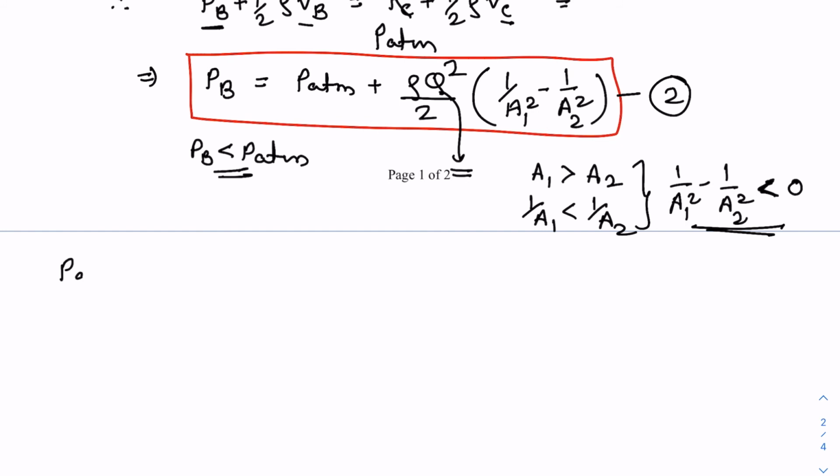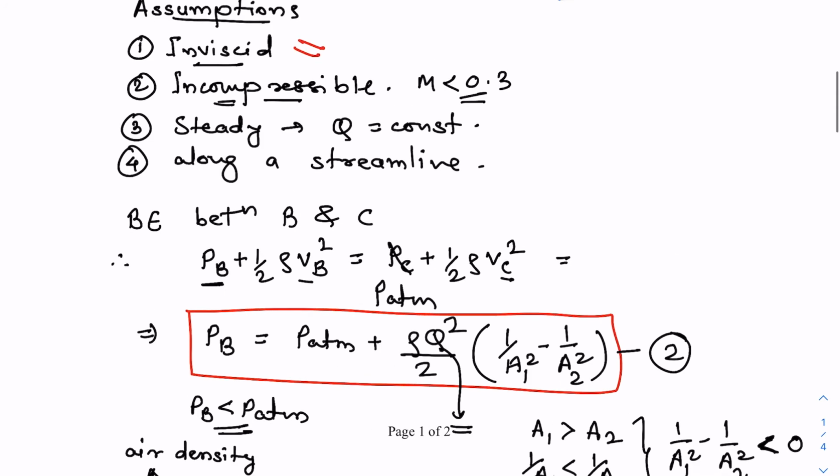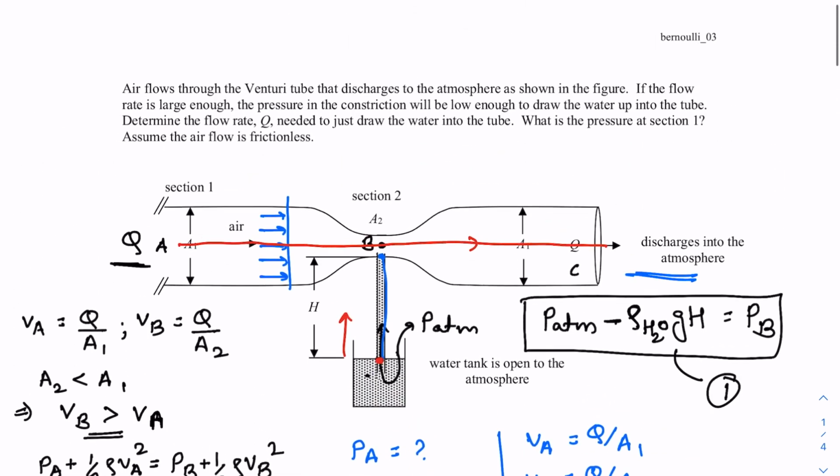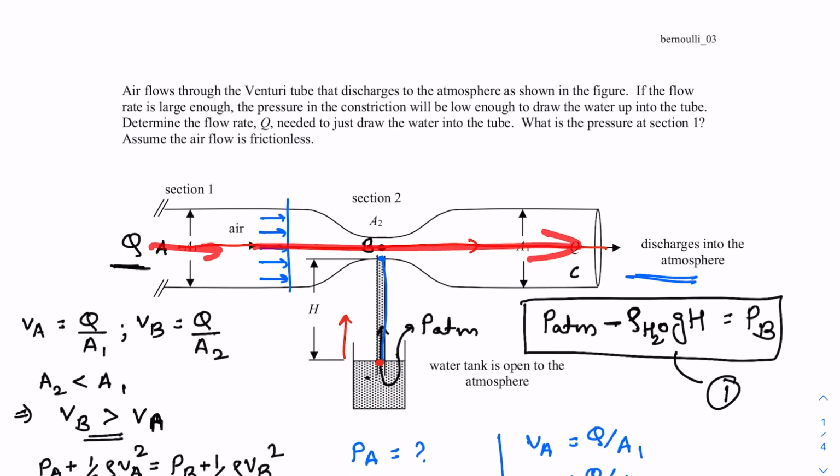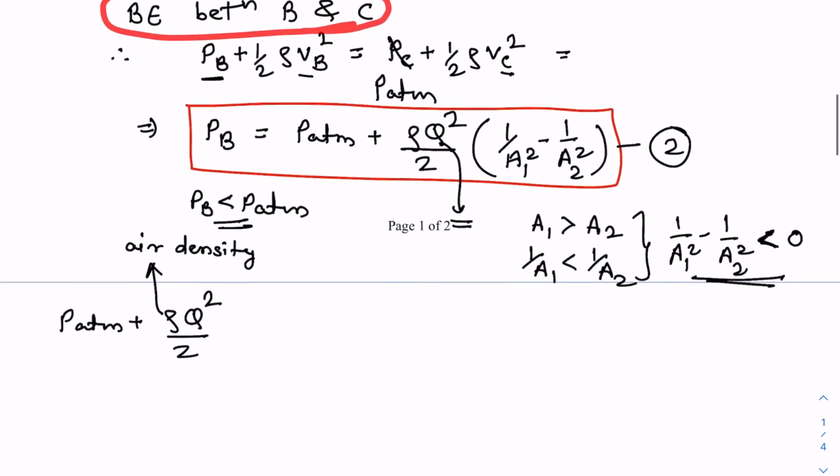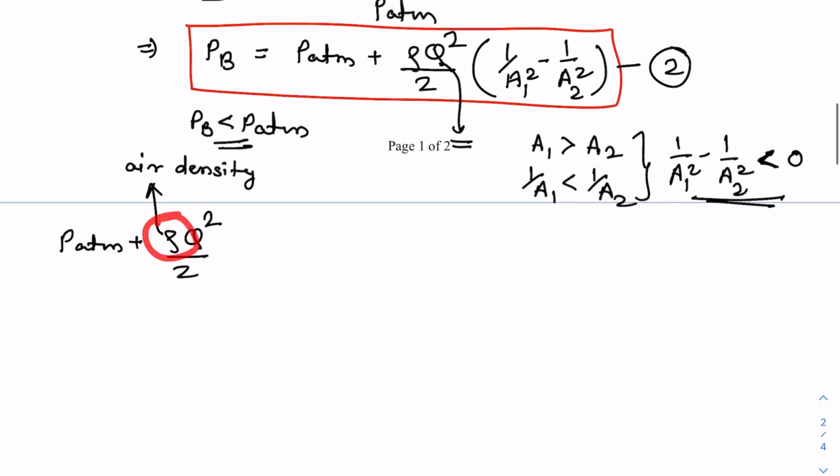So PATM plus rho Q squared by 2. Remember, this rho is air density, because we are applying the Bernoulli equation between points B and C, and air is flowing from point B to point C. So this density is the air density.